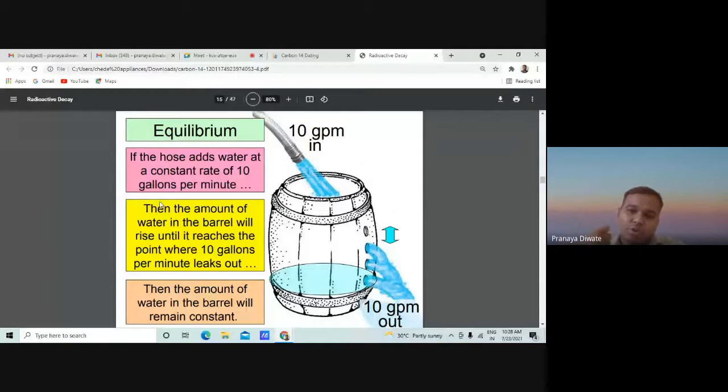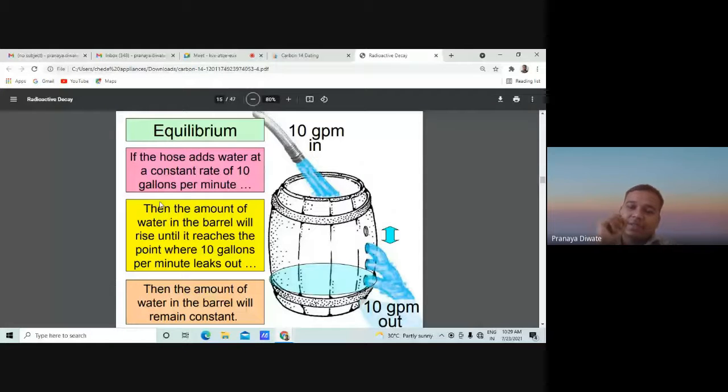In that beaker you are pouring water at some speed, and the unit for water is the gallon. 10 gallons per minute is the rate at which you input to this beaker, and in the same way you take away water from the bottom at the same speed, 10 gallons per minute.